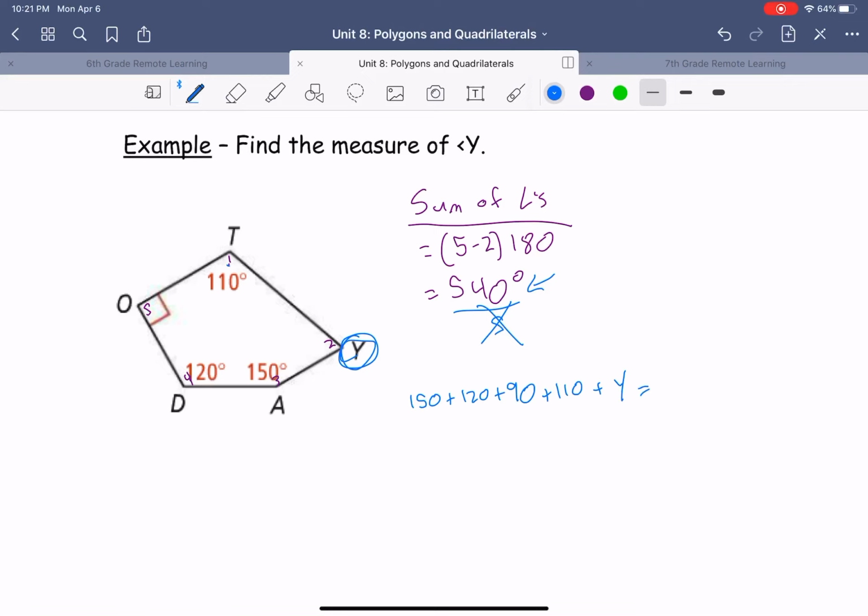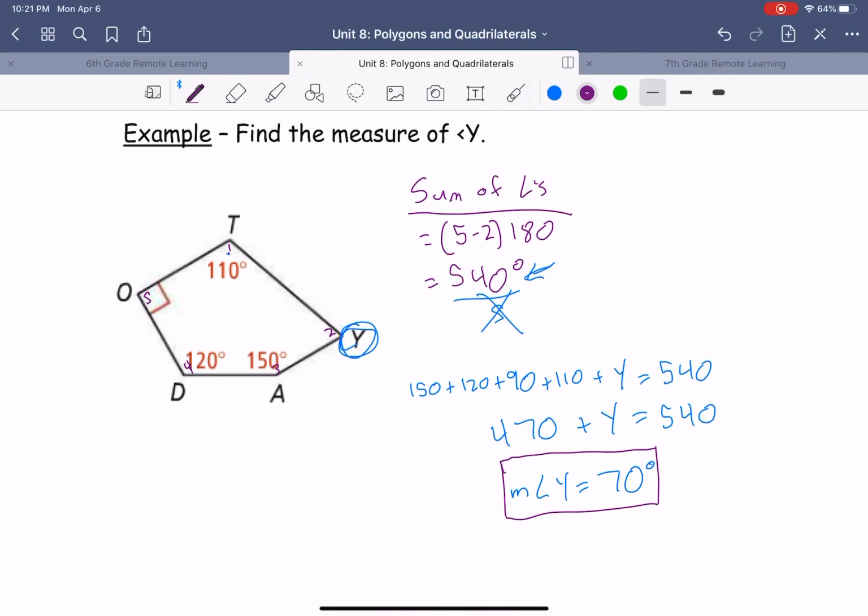Equals, and we know all of those together equal 540 because we figured that out up here. Okay, so now we'll do some math. We're going to get 470 plus y equals 540. And so then if I do my subtraction, I know that the measure of angle y is going to equal 70 degrees.